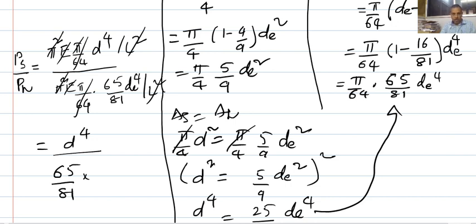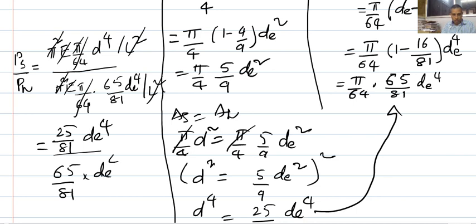Or I can directly write the numerator d power 4, which I can substitute very well, as 25 by 81 d e power 4.